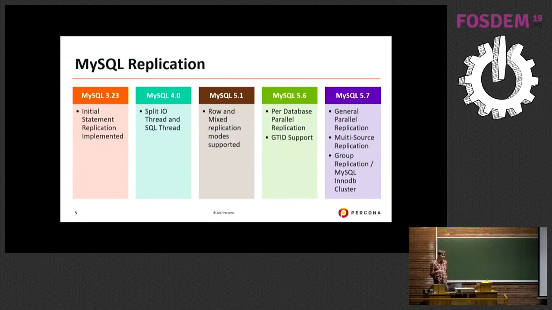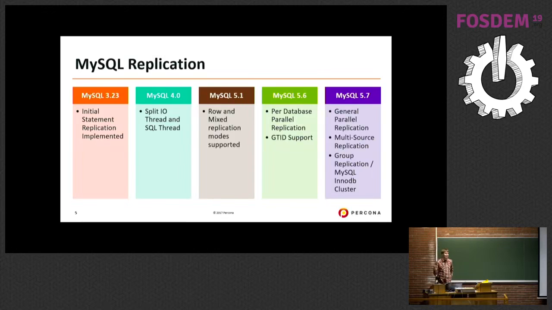Then in MySQL 5.1, in addition to statement replication, we added row replication and mixed replication mode. In 5.6, we added per database parallel replication and GTID. In 5.7, we now have another kind of parallel replication, multi-source replication. Group replication was added.